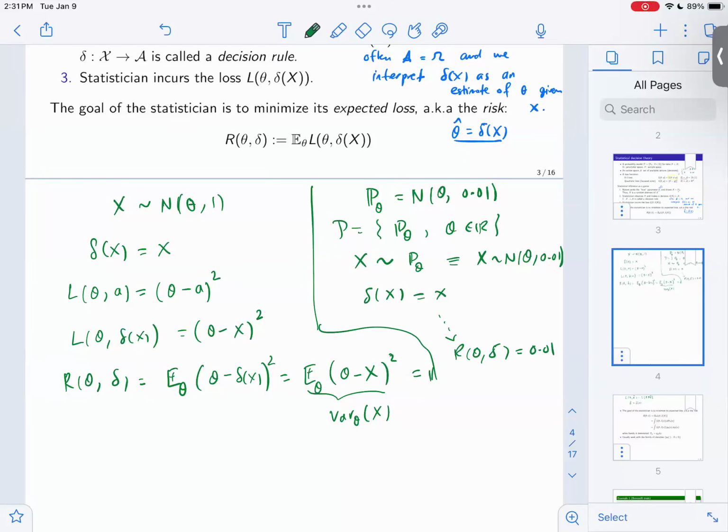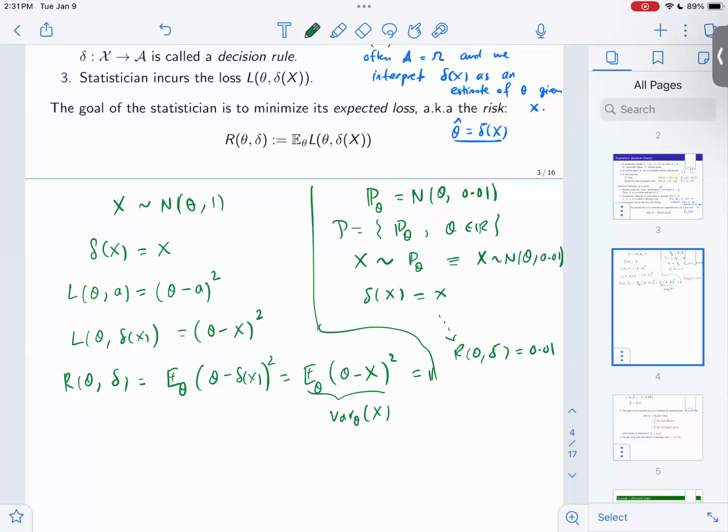Sorry, I'm just trying to get the perspective. Which part? The last one? This one? Yes, the last line.